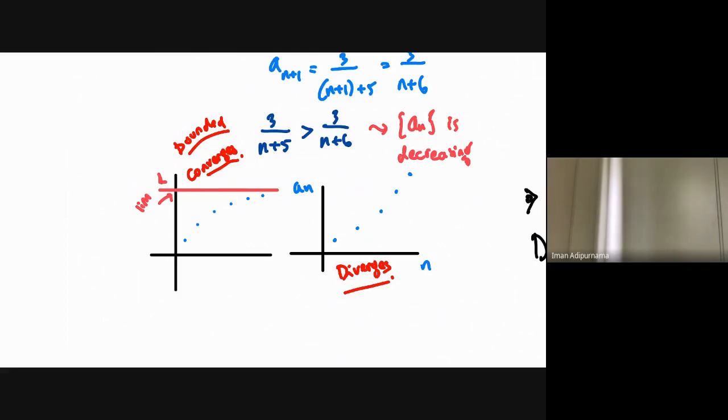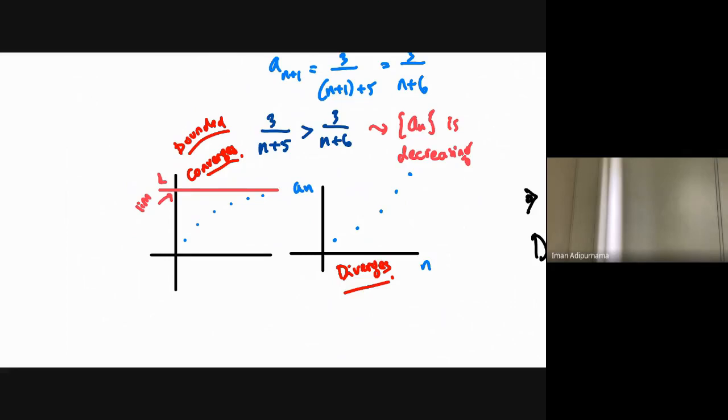Previously, we proved that with the limit. But on the right side, the value of a_n is always increasing. It's monotonic, but it doesn't have any bounded value, so it will be diverged. That's the difference.